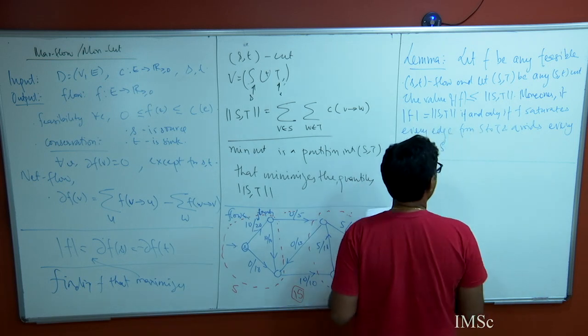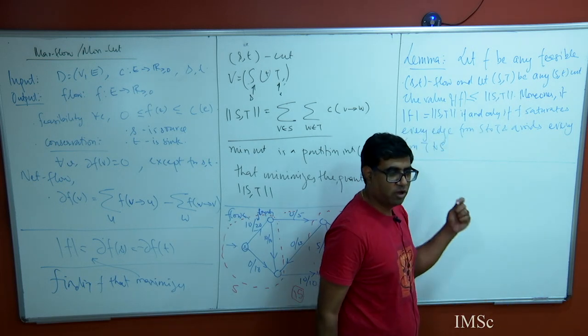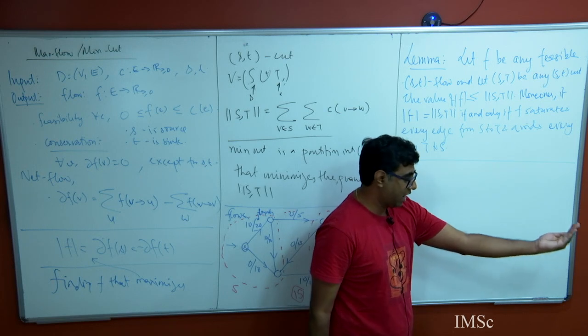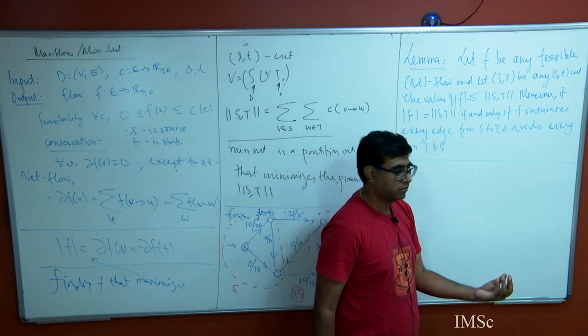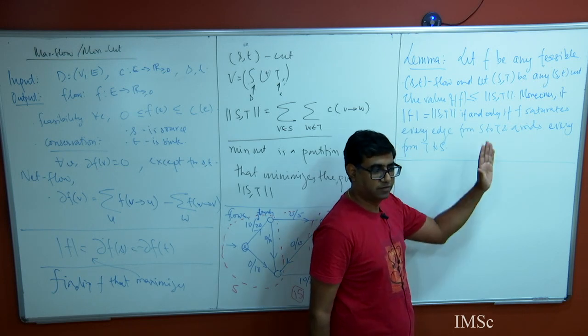If you look at any edge going from S to T, the flow is the same as the capacity, and look at any edge which is going inside, the flow on those is 0. That is what avoids means, and it's equal to saturated.